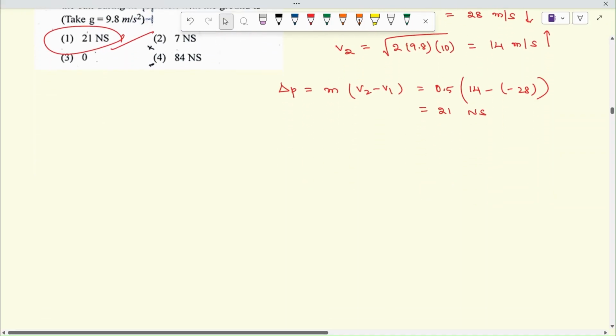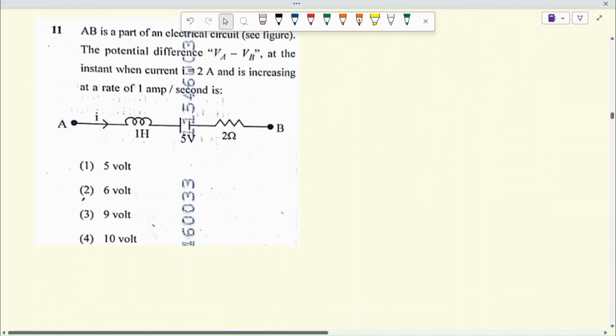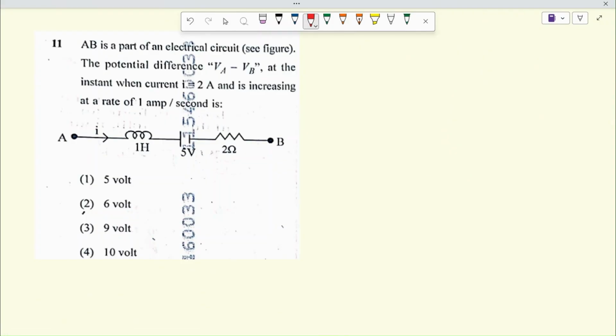Going to the next one, 11th question. Part of the circuit is given. This is a many times repeated question, VA minus VB. So let's find out. Here the current is increasing, according to the question. So what does the inductor do?